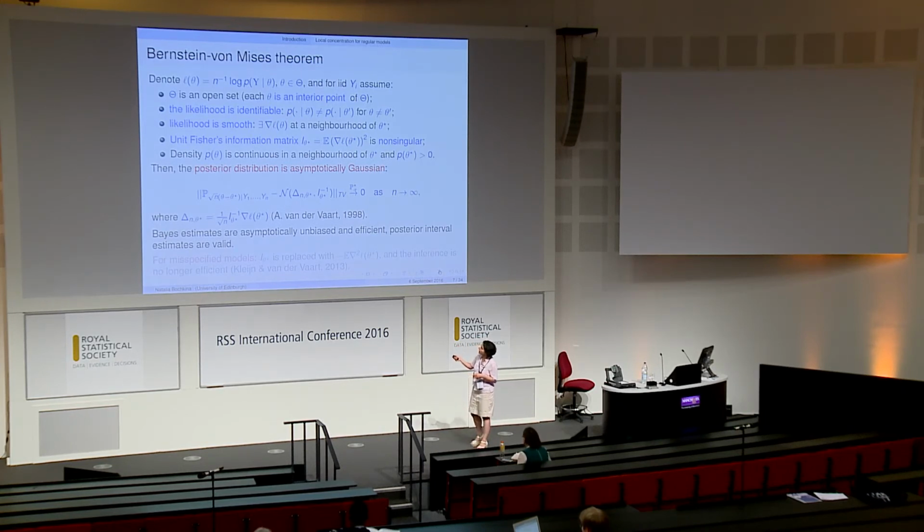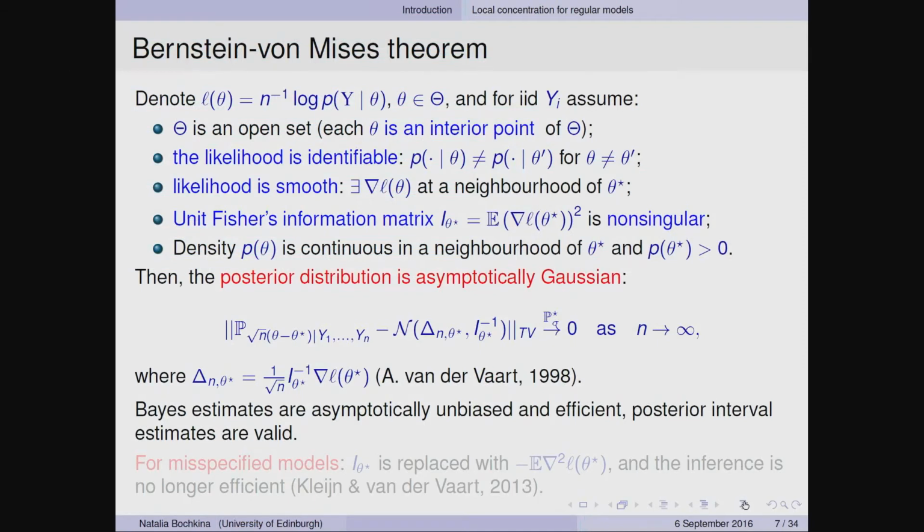And then if you recenter theta by theta star and renormalize by root n, asymptotically it's a normal distribution with some random bias, and a variance inversely proportional to the Fisher information. That holds in total variation norm. That allows us to construct asymptotic credible intervals, showing the Bayesian inference is efficient, right? So that is the efficiency bound.